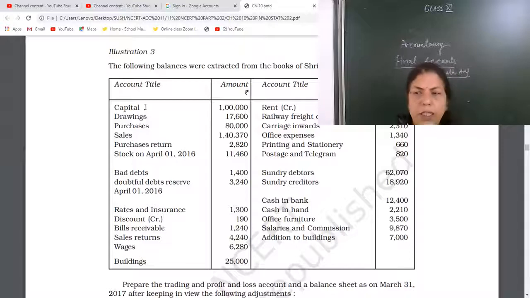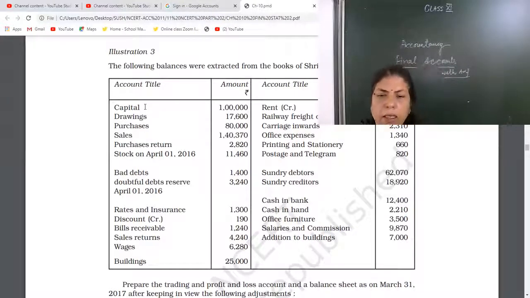Printing and stationery, P&L debit. Postage and telegram, P&L debit. Now debtors means asset. Creditors means liability. Cash in bank, asset. Cash in hand, asset. Office furniture, asset. Salary and commission, P&L debit. Addition to building.